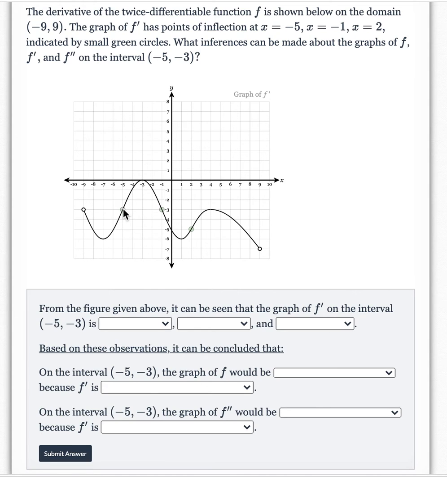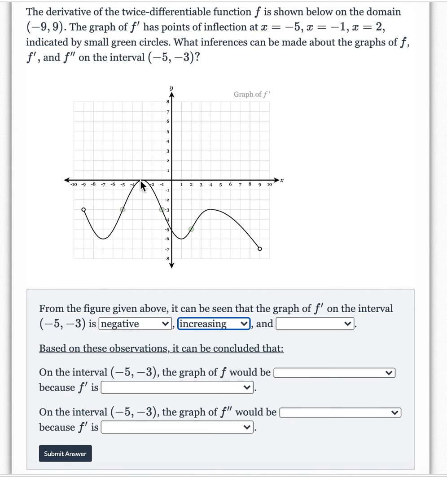So slope, if I click on the drop down, we know that the slope of this is negative. Not the slope of this graph, but the actual m values are negative. They're below the x-axis. We also know that the slope is increasing.